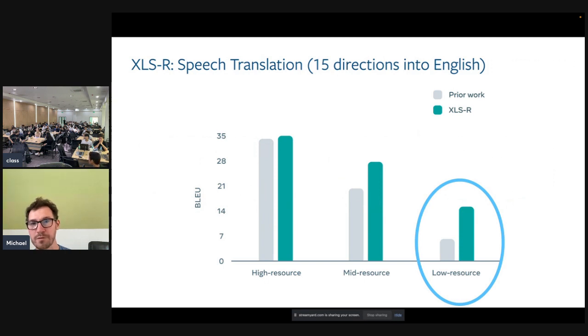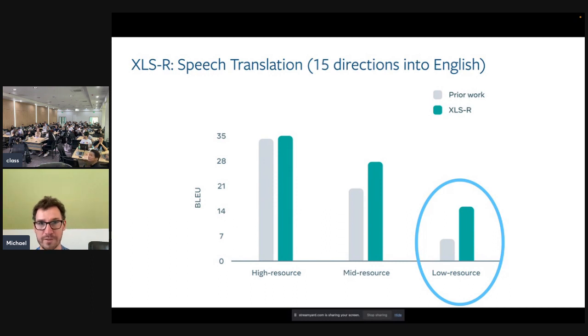Here I'm grouping the results into 15 different language directions, so translating from, I believe, Hindi to English and 14 other languages. We group them into high resource, mid resource, and low resource, depending on the amount of labeled data. We found that the highest improvements with this approach came in settings where there's very little labeled data, very consistent with what I said earlier.